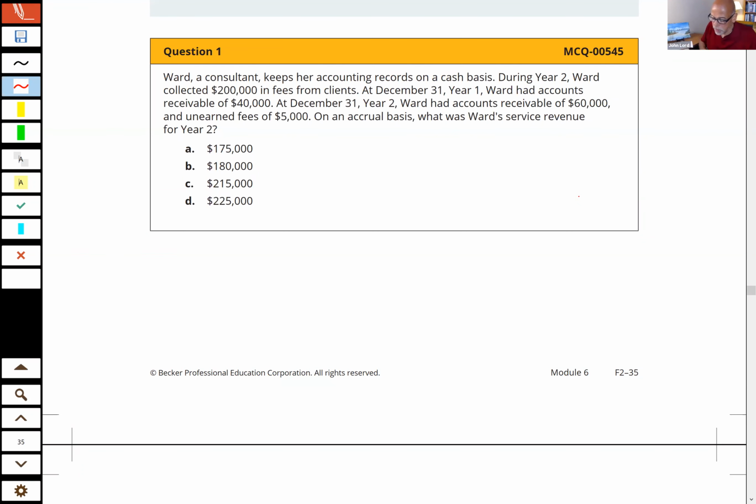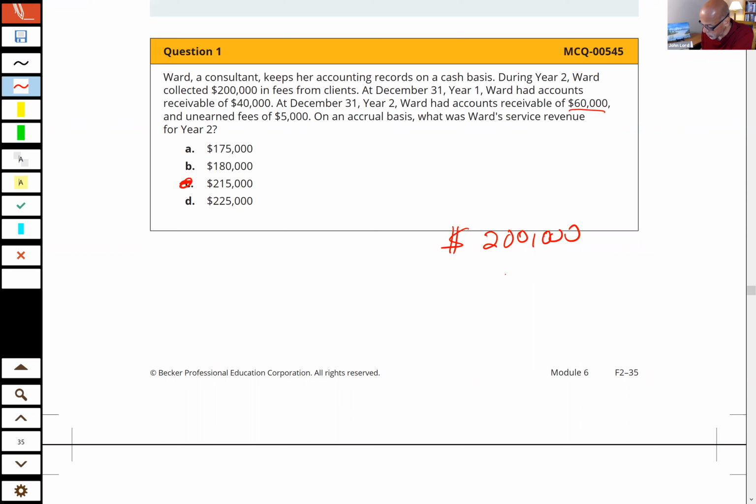Let's work this one together following the rules of turning a cash basis into accrual. They tell us Ward collected 200,000 in fees, and that's essentially telling us what the collections are. That's what the revenue would be following cash. Then they tell us at December 31st, year one, Ward had accounts receivable of 40,000, and at December 31st, year two, it was 60,000.